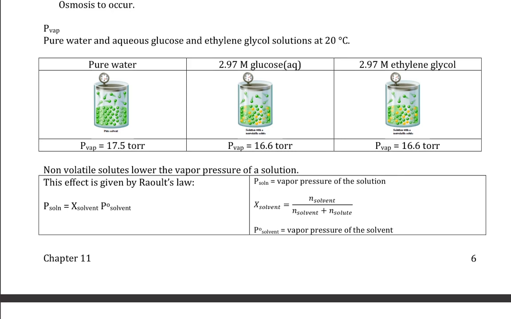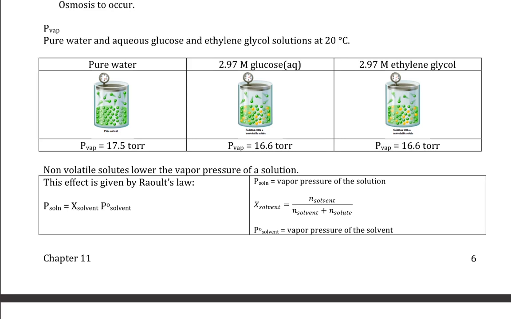Non-volatile solutes lower the vapor pressure of a solution. And this effect is given by Raoult's law, which is the vapor pressure of the solution is equal to the mole fraction of the solvent times the vapor pressure of the pure solvent. So the mole fraction is something less than 1.